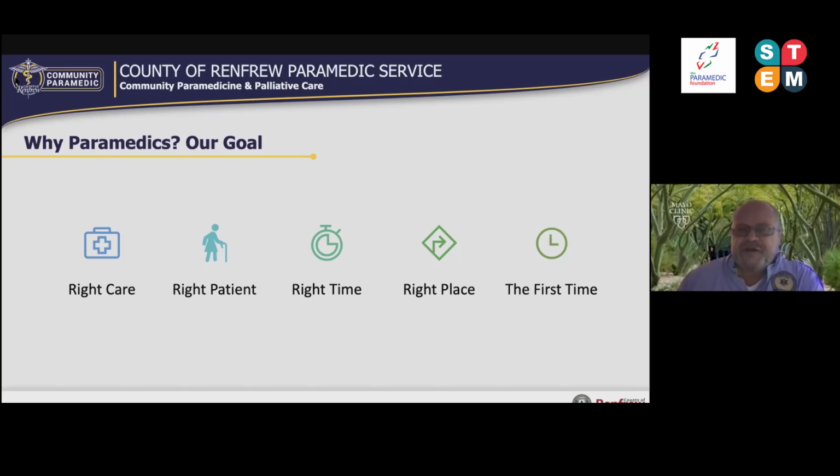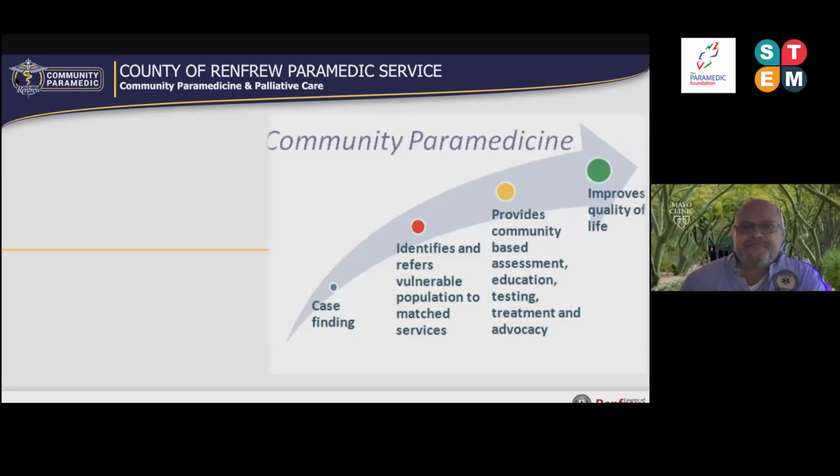Then they get another ambulance transfer, and nothing's happening the first time. And so one of the goals with community paramedicine, if behavioral health is an issue, is to have a pathway created so the paramedic can transport them directly to the behavioral health facility and bypass the emergency department.